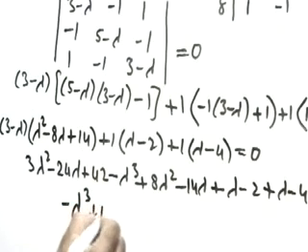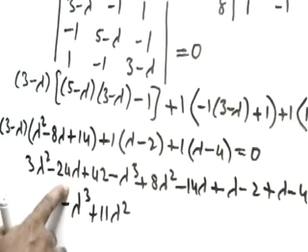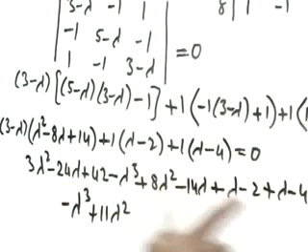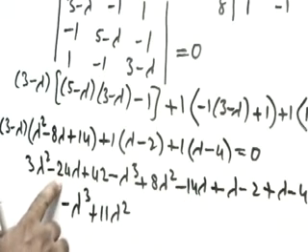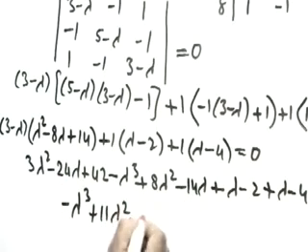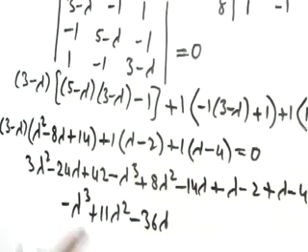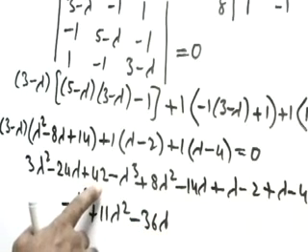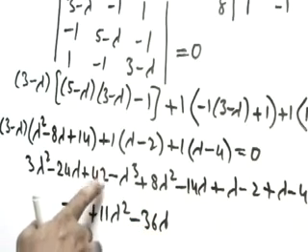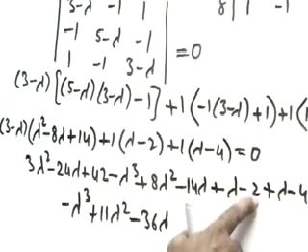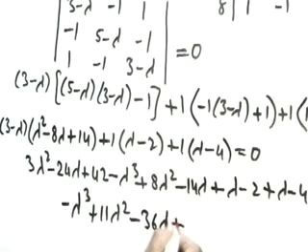Now square terms, 8 plus 3 is 11 lambda square. Now minus 24 lambda plus lambda 2 2 minus 14 minus 12, minus 12 and minus 24 is 36, minus 36 lambda. Lastly constants, 48, sorry, 42 minus 6 plus 36 equals to 0.